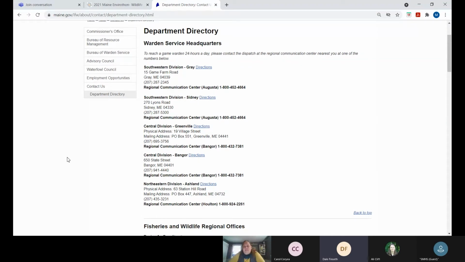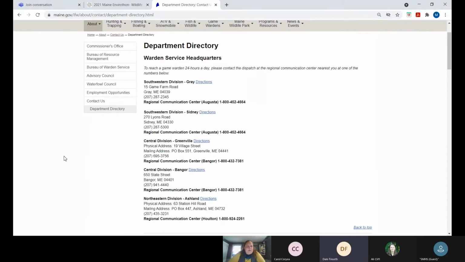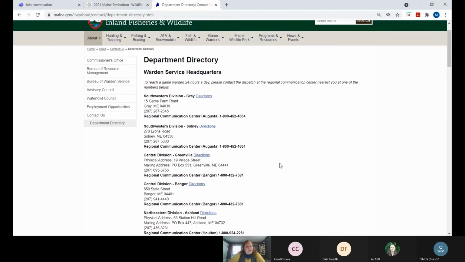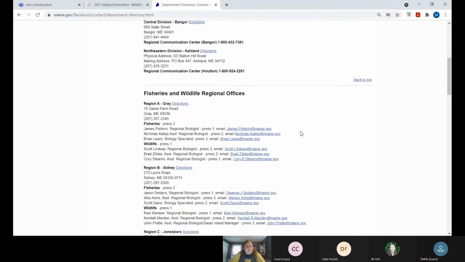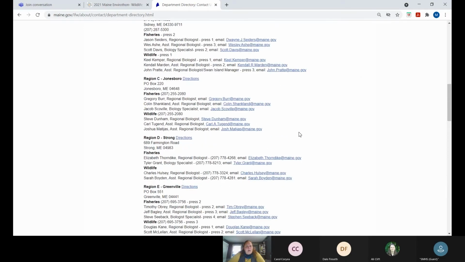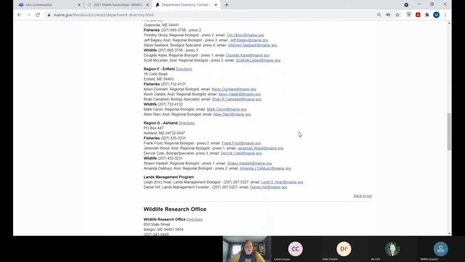Sure. So I happened to find it while we were talking. I actually went into this little search box and just typed in staff directory. But here's the warden headquarters and then the Fish and Wildlife regional offices. So there's a big listing there.